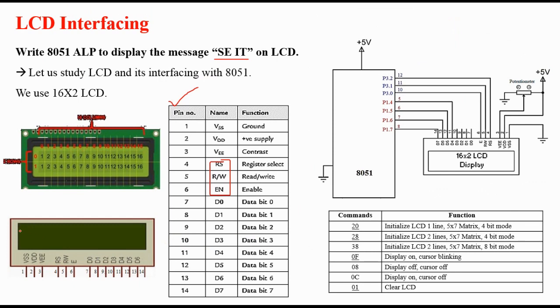Let us suppose you want to display A at this location, over here, and not at this location above; in the row which is below, on that row you want to display A. Now in this case, firstly our job is to tell the LCD that please take the cursor at this position, means in the second row of the first column. And in this way we will have to send the command.